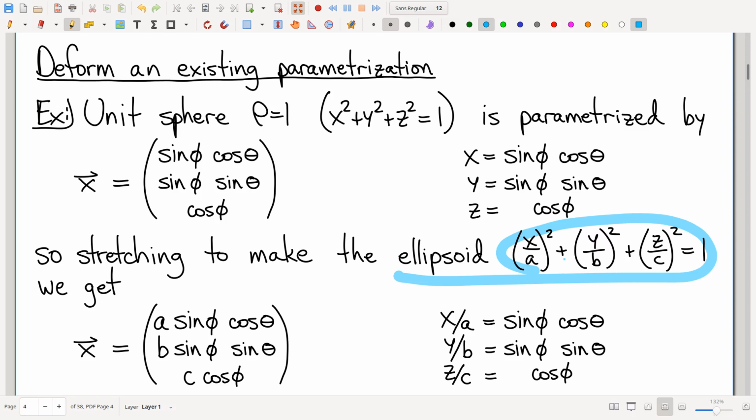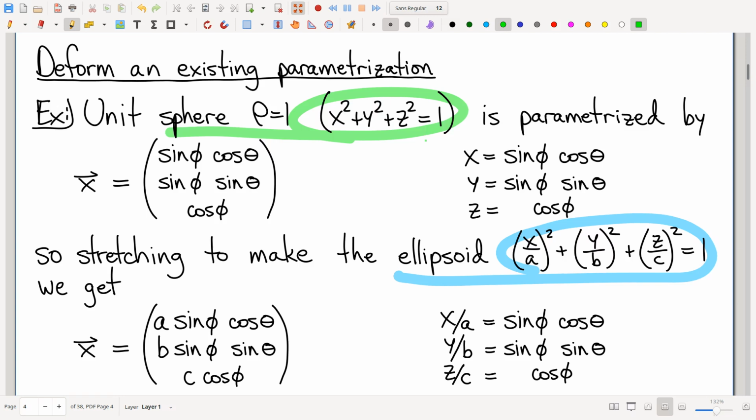So instead, here's what I'd like to do. Instead of trying to parameterize this ellipsoid from first principles, let's recognize that that ellipsoid and that sphere have a lot in common. They're really close to each other. In fact, the only thing I have to do to a sphere to generate this ellipsoid is just stretch it.